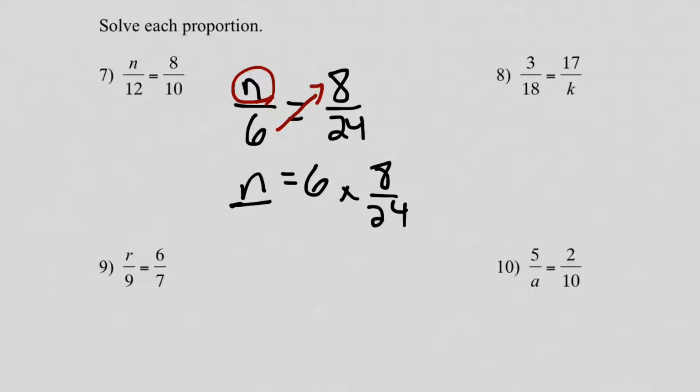You can just use a calculator for this. 6 times 8 is 48, divided by 24. You could reduce 6 and 24 first, so it's whatever way you like to do it. But one way or another, 6 times 8 is 48 divided by 24. Well, the result is 2. And that's how you solve proportions.